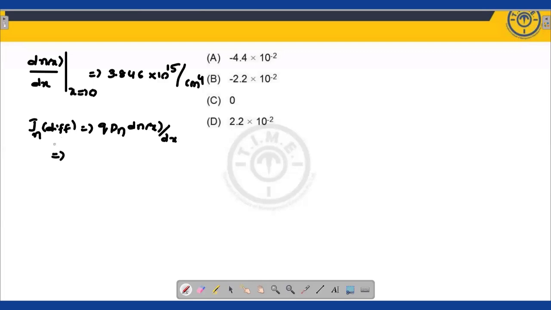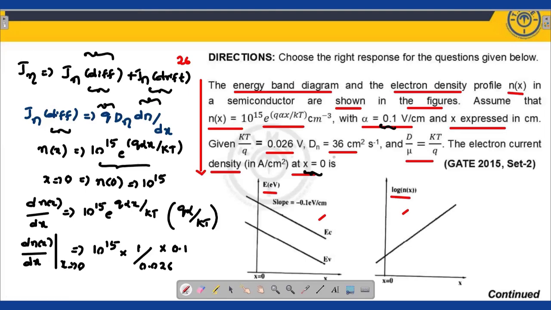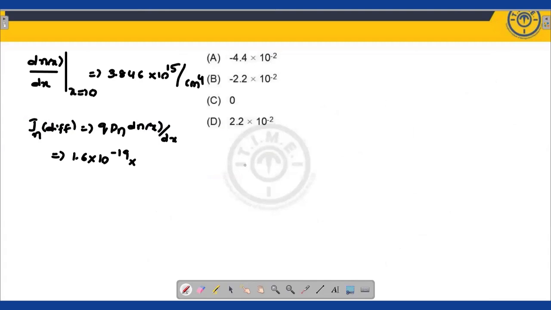So whatever it may be, the q value is equal to 1.6 into 10 power minus 19 into the Dn value. See here, the Dn value is equal to this 36.